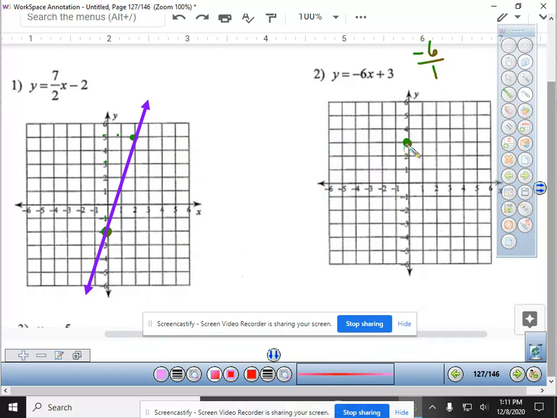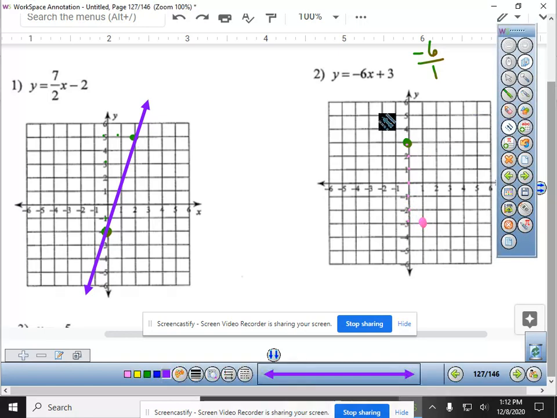So that means we go down 6. 1, 2, 3, 4, 5, 6, and over 1. Then take your handy dandy ruler and do what? Connect the dots. See, I can't. It's hard for me because I don't have a handy dandy ruler. Just like that.